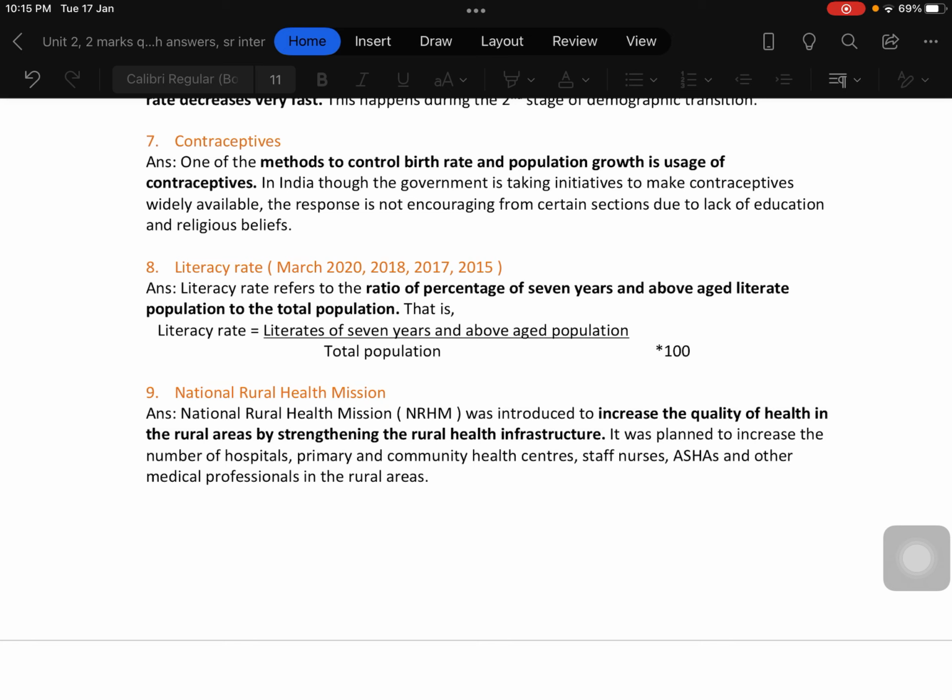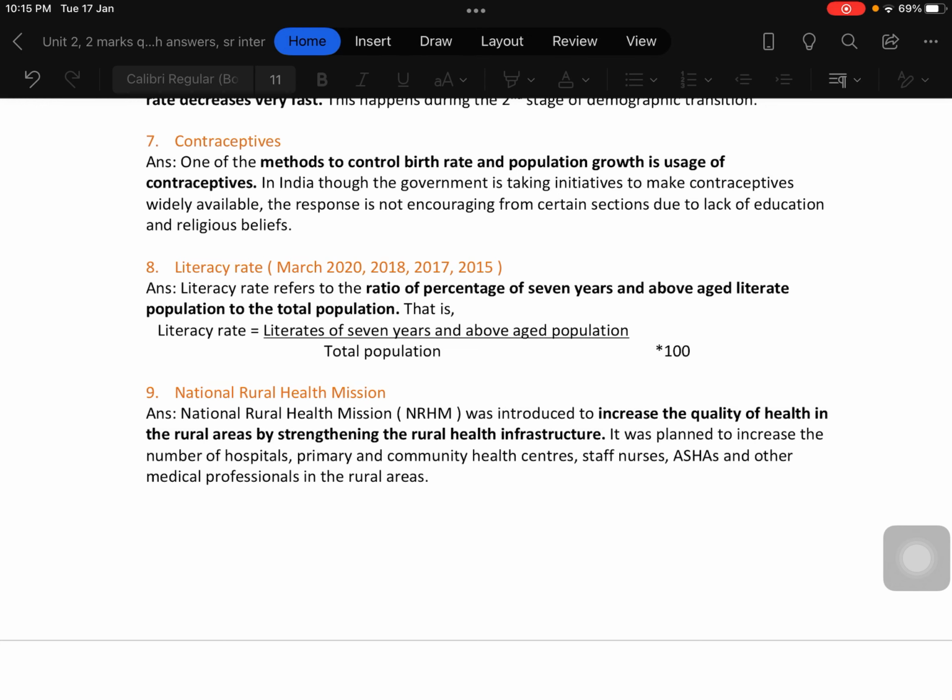It was planned to increase the number of hospitals, primary and community health centers, staff nurses, ASHAs, that is accredited social health activists, and other medical professionals in the rural areas. So if the number of hospitals, nurses, paramedical staff, and other medical professionals are all increased in the rural areas, then the quality of health and the rural infrastructure will be increased.